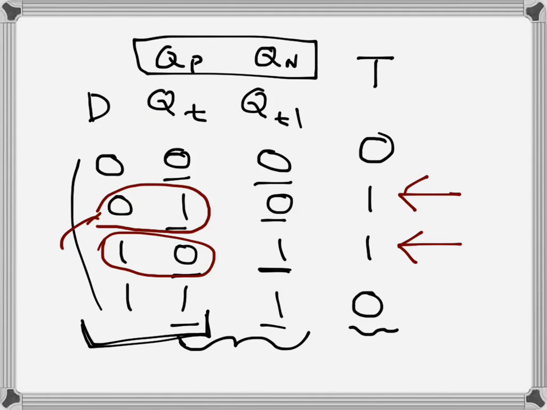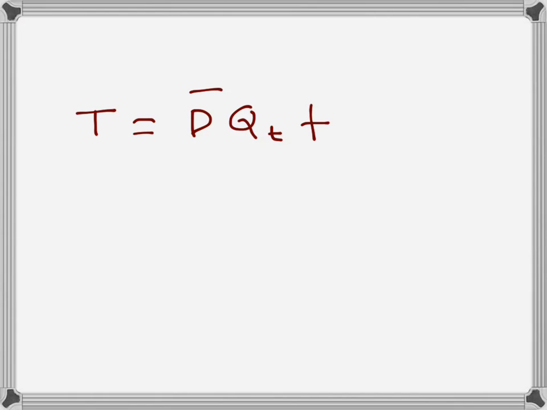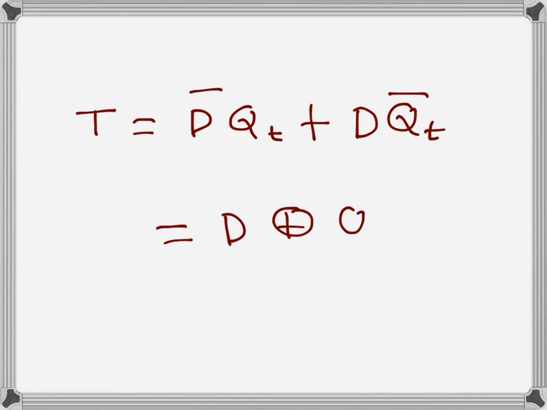The second one, plus D and Q(t) bar. So this means T is D XOR Q(t), just like the previous one, when we wanted to convert a D flip-flop into a T flip-flop. It's basically the same expression.